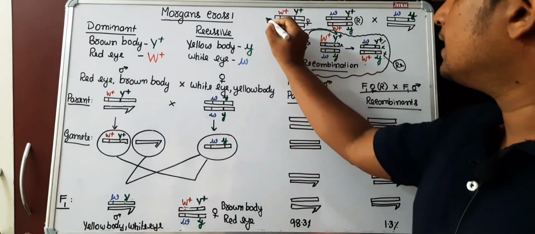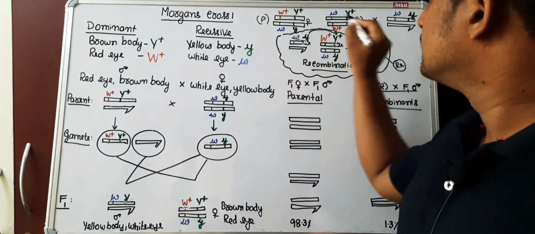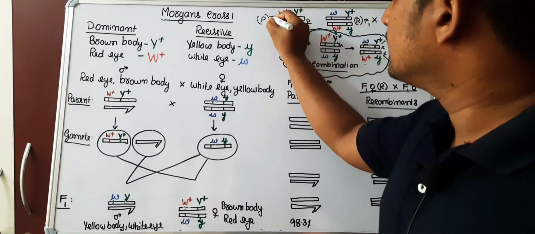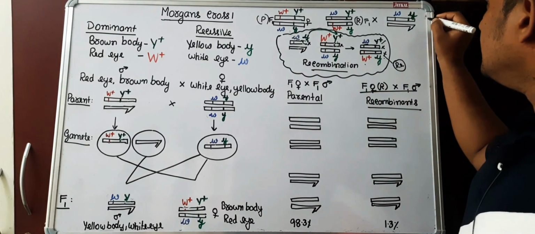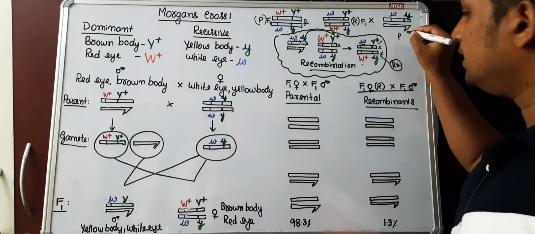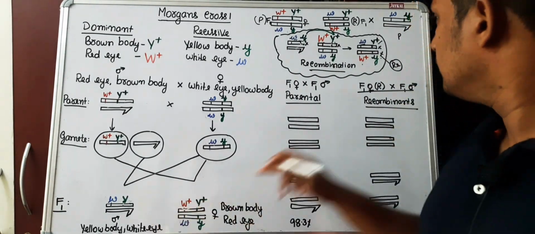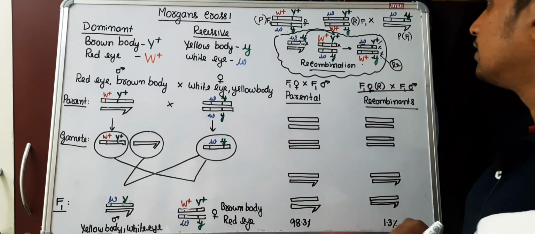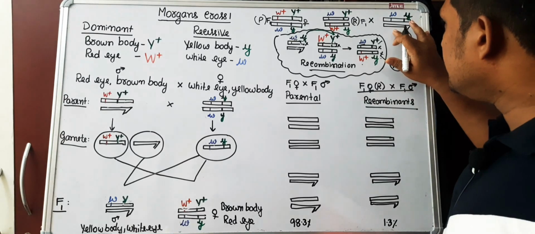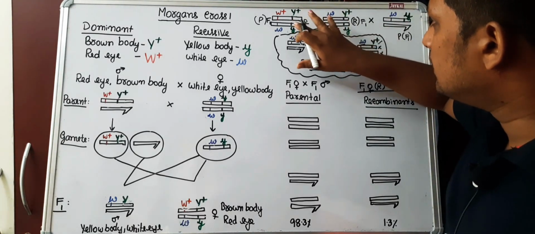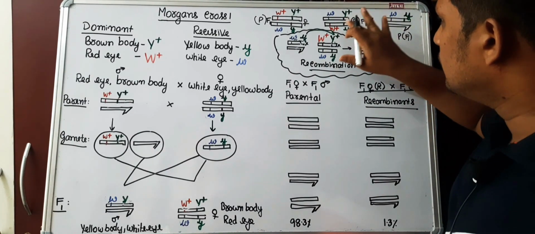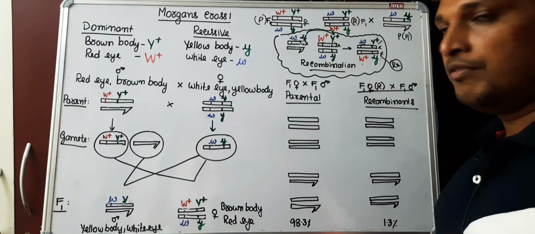So it is a parental type F1, and the other is recombinant F1. All males are parental type only because they have yellow body, white eye, which is a parental character. Now mate the male first with the parental female, next mate the male with the recombinant female.